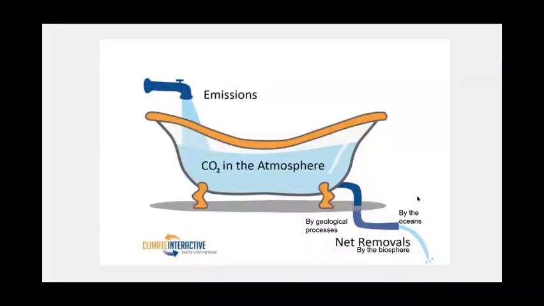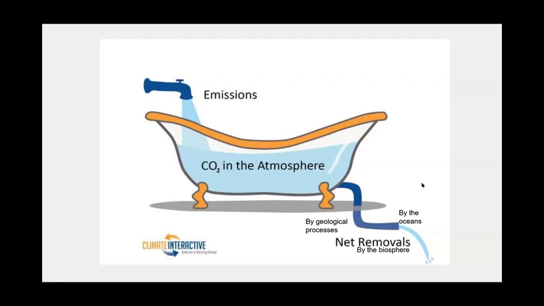There are a lot of ways to think about this, but one analogy that some people like is the bathtub. So we had this CO2 level in the atmosphere, which was just right for the Goldilocks, not too hot, not too cold. CO2 is just the right amount of warming for the planet for life to flourish on the Earth. And then we started emitting carbon dioxide through the burning of fossil fuels. We started pouring more stuff into the atmosphere, and that's when the CO2 levels have been rising.